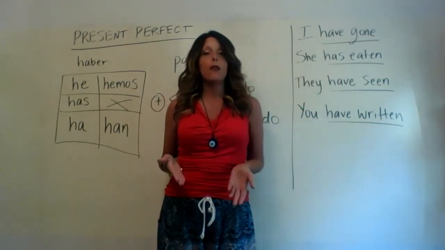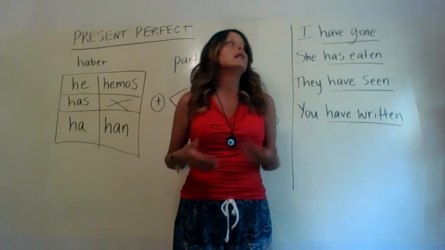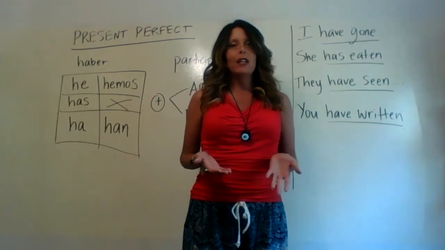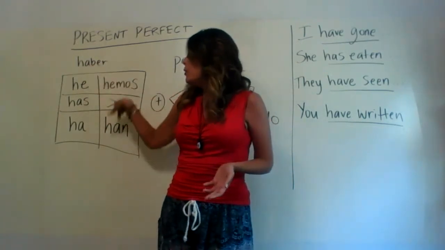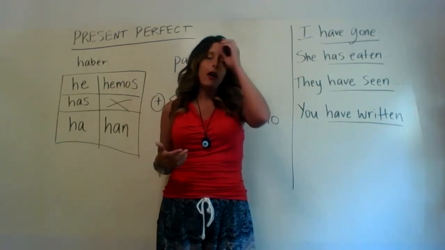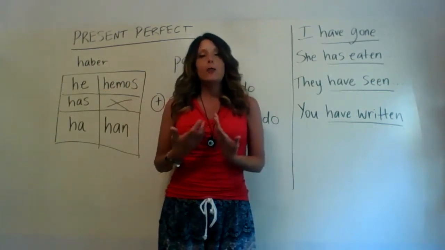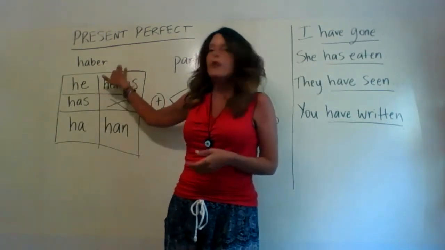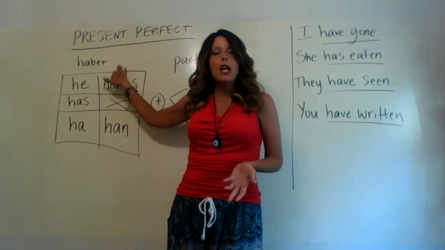Do not let that confuse you, because obviously the verb tener is to have in Spanish, but we do not do anything with the verb tener over here as our helping verb, aka our auxiliary verb. In Spanish, for the present perfect, our auxiliary verb is the verb haber.